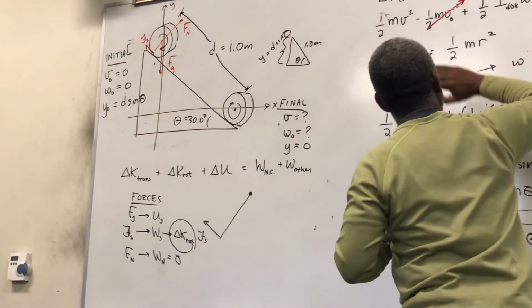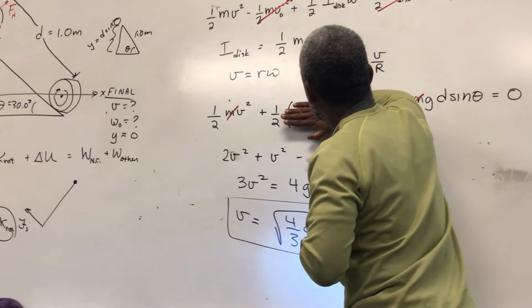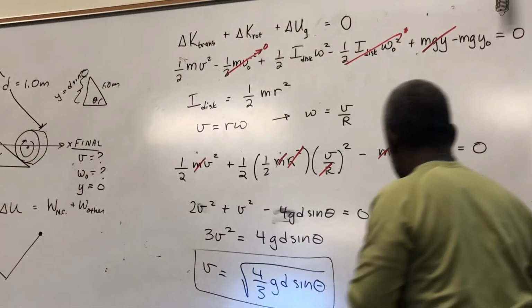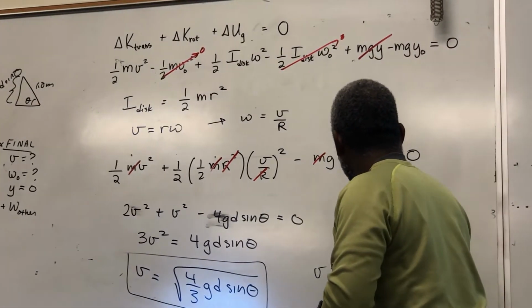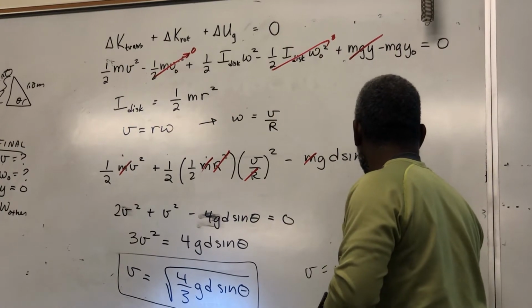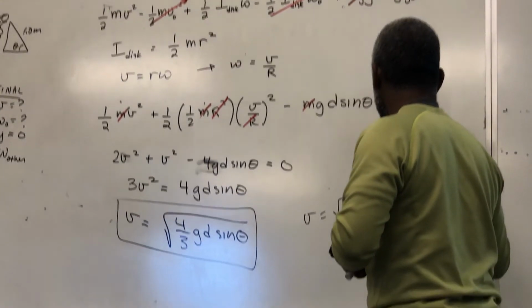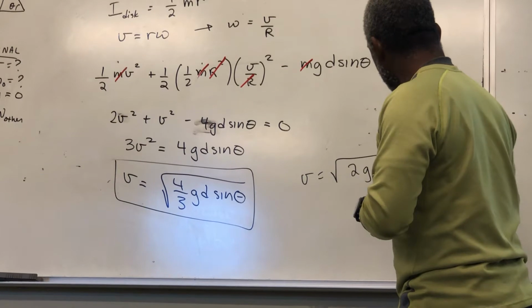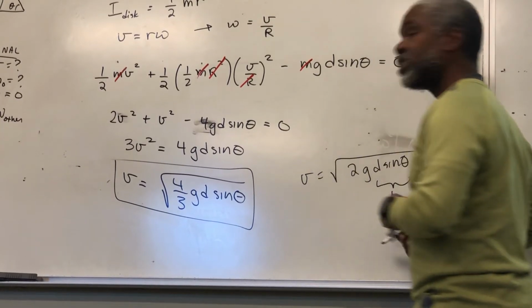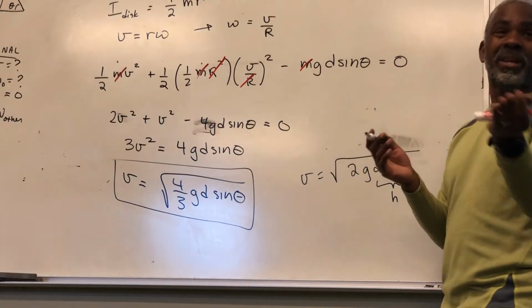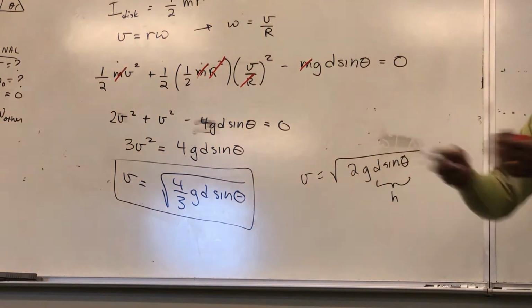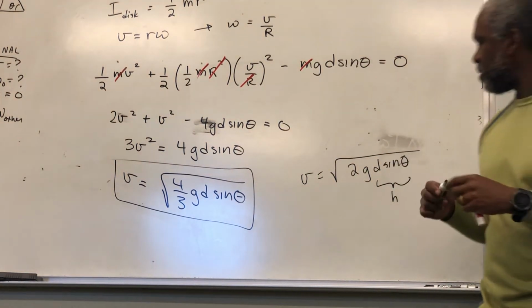That term is 0. We don't have this contribution. When we solve that, that would end up being the square root of 2g d sine theta. Or in other words, square root of 2gh, which we know that already, because if there's no other forces, it's going to be the square root of 2gh.